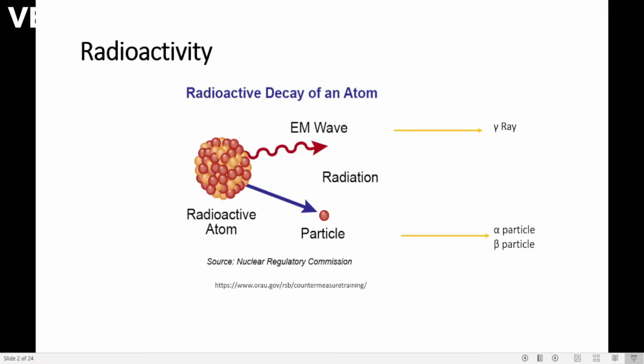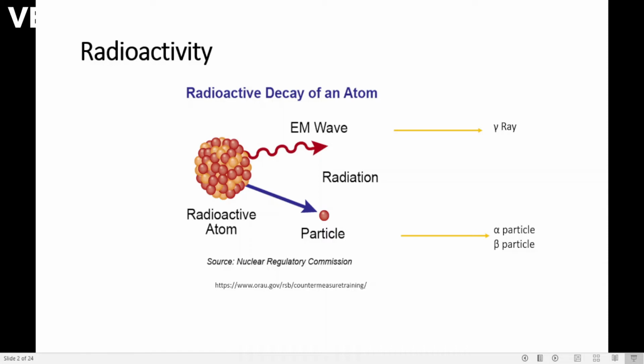So let's start by remembering radioactivity, what it means and the emissions that will happen with radioactivity. When we talk about radioactivity, we are talking about radioactive decay. The illustration here shows the nucleus of an atom, and inside the nucleus we have protons and neutrons.